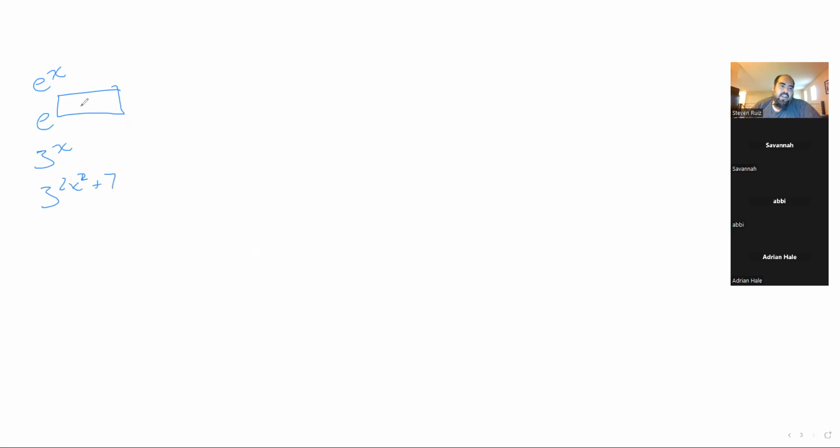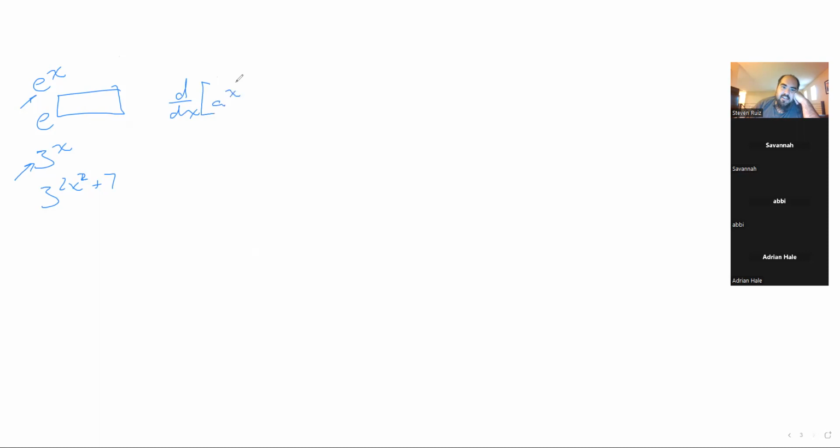So in all these 4 cases, I have some constant number E or 3 raised to something that is variable. So in those cases, you're using basically this rule.